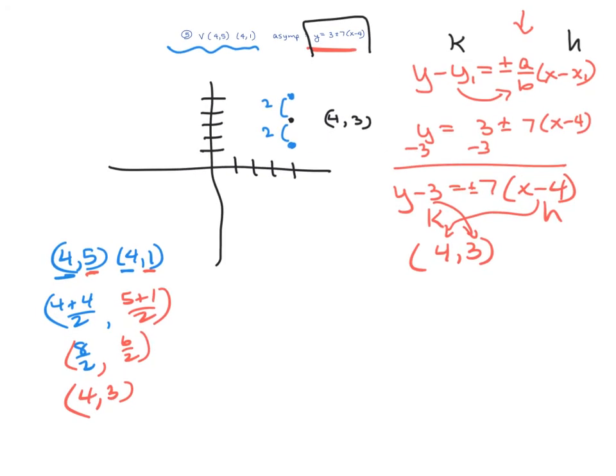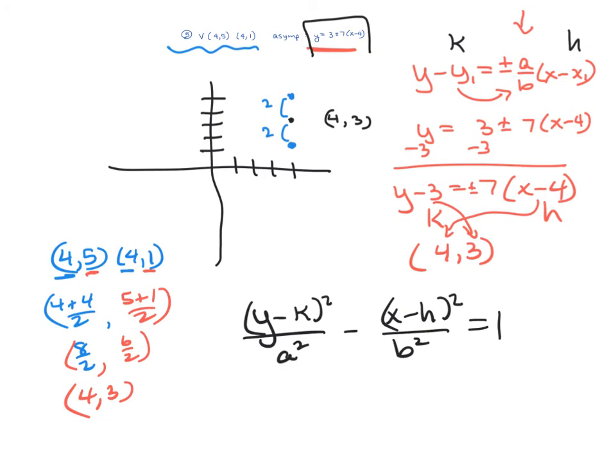Now, again, notice it's vertical, so the equation I'm using is y minus k squared over a squared. A squared's always first in the hyperbolas. x minus h squared over b squared equals 1.